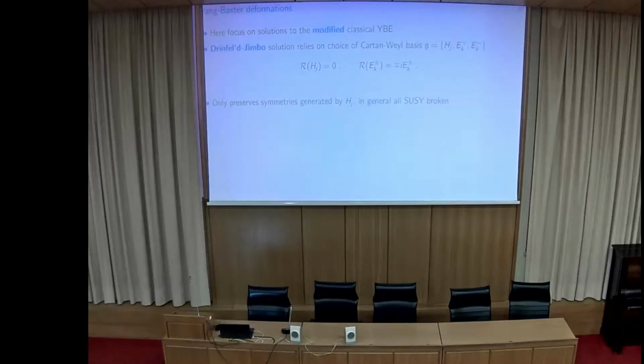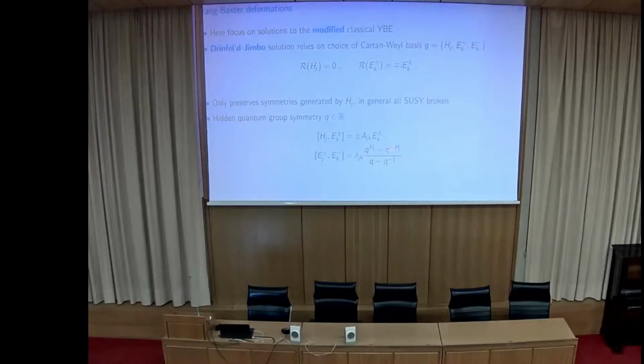In general, this type of deformation will only preserve the symmetries generated by the Cartan elements, and in general all the supersymmetries will be broken. So this would be for the manifest symmetries, but there is actually a hidden quantum group symmetry. If you've never seen a quantum group, this is how the commutator between elements would look in the Q-deformed theory, where A is the Cartan matrix for the Lie algebra G. What happens is just that the commutator between positive and negative roots gets modified.